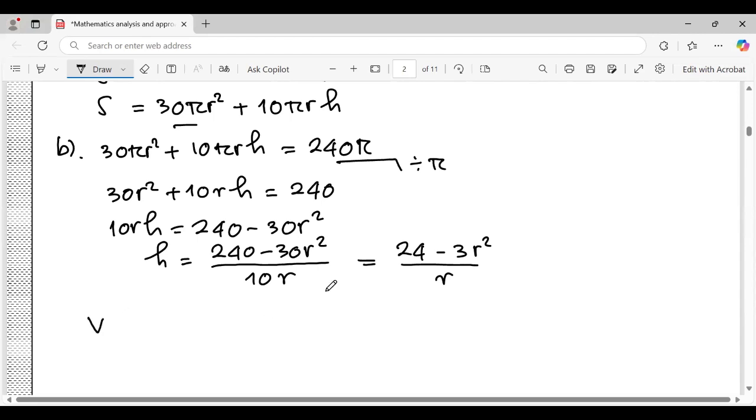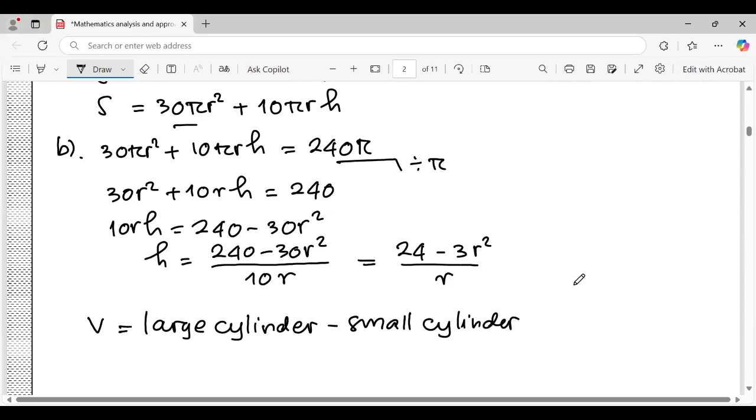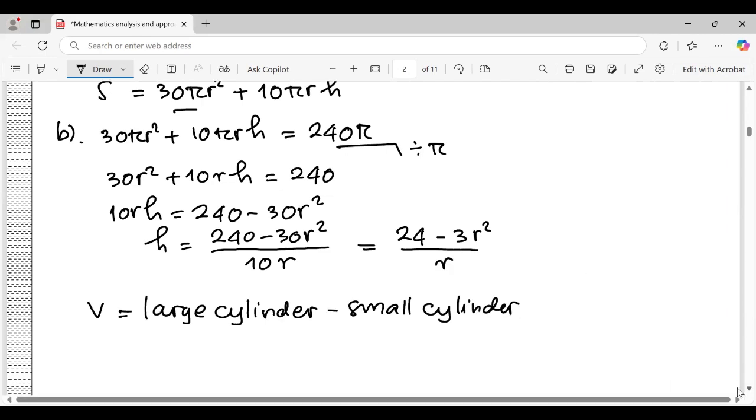Now substitute h equals this fraction into the volume. Volume is the large cylinder minus the small cylinder. Okay, I need more space.